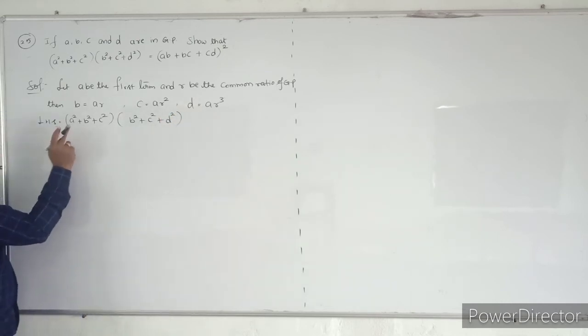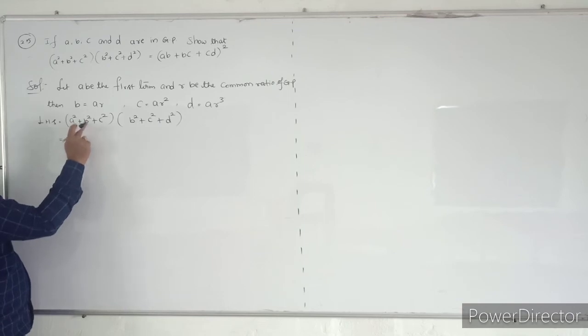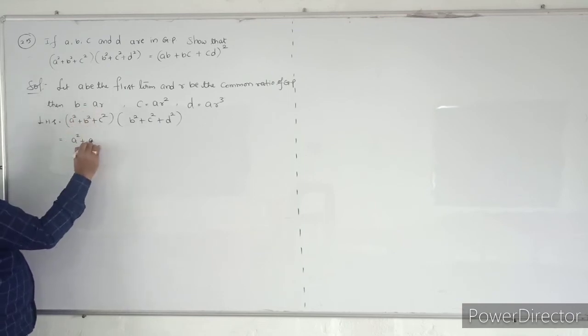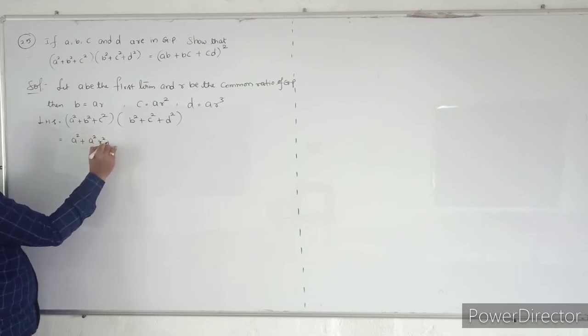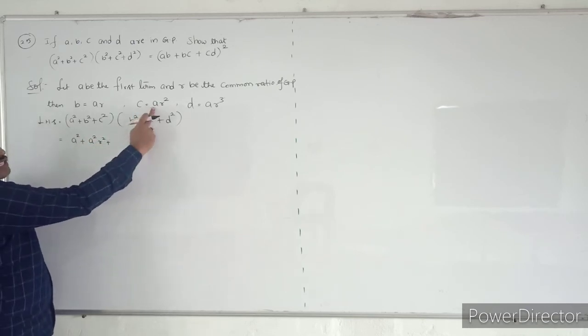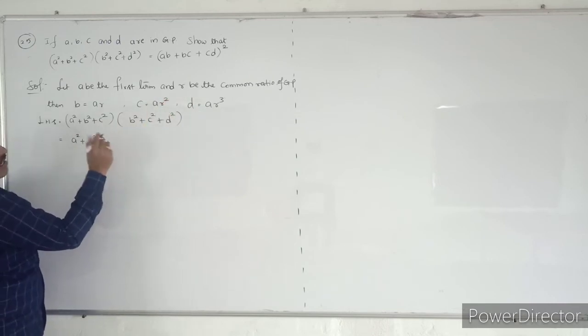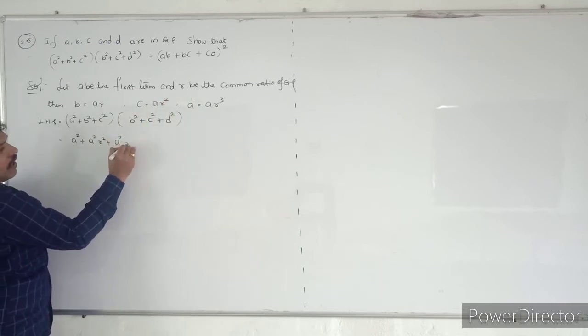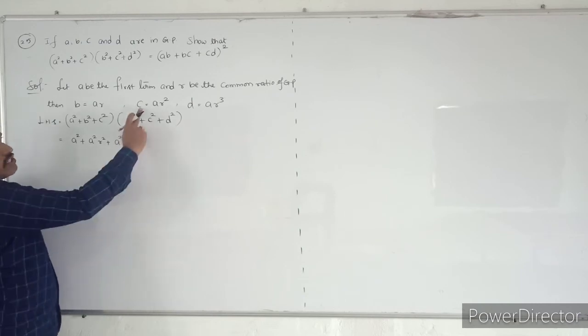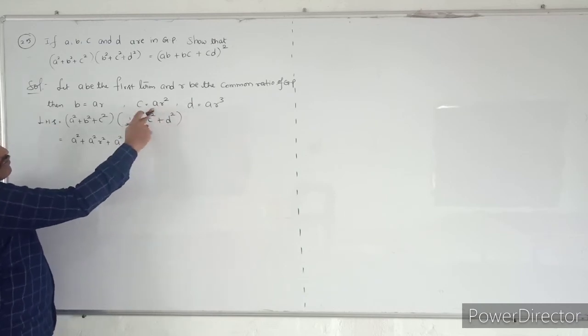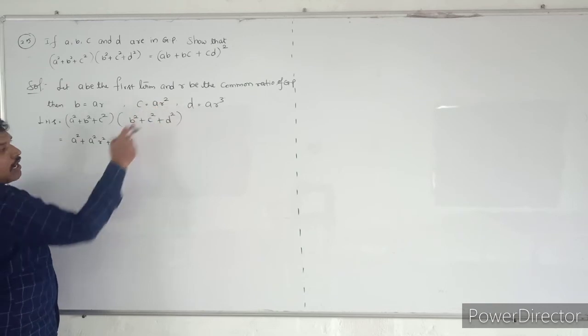What is a? a square is the same. What is b? b is ar, so b square will become a square r square. Plus c. What is c? c is ar square. So what is the c square value? a square r power 4. Yes or no? c is equal to ar square, so c square will become a square r power 4.